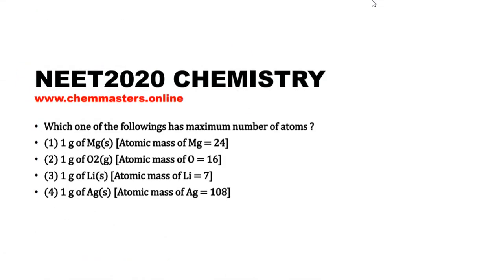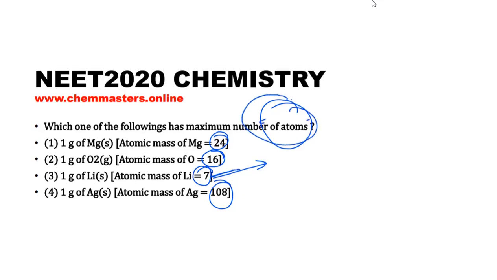Next question: which one of the following has the maximum number of atoms? To answer this, we need to look at the atomic mass of the given atoms and molecules. Which one has the least atomic mass? Lithium. So lithium will have the maximum number of atoms.